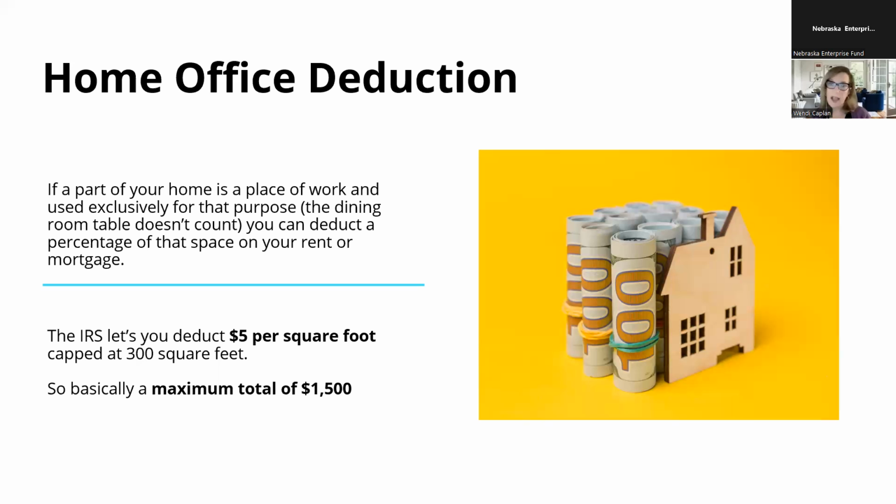Of course, if you have a retail space, all of that utility is part of your business expenses. So we're talking your Wi-Fi, your electricity, your telephone if you have a landline. And of course, your cell phone is considered your hardware, software expense.